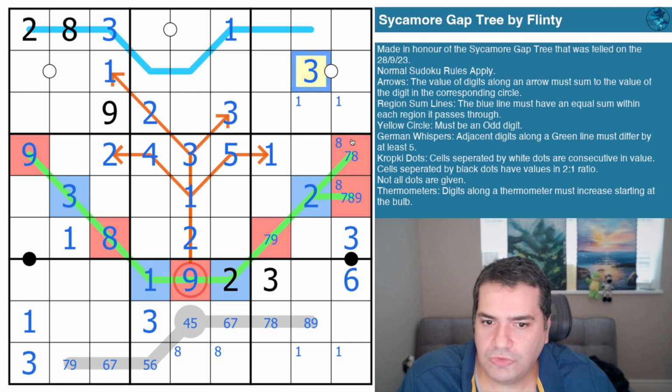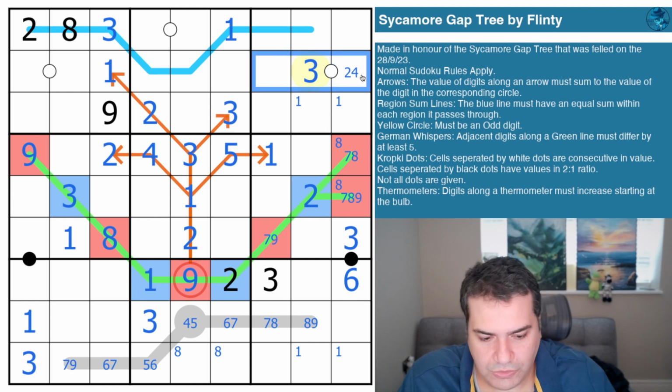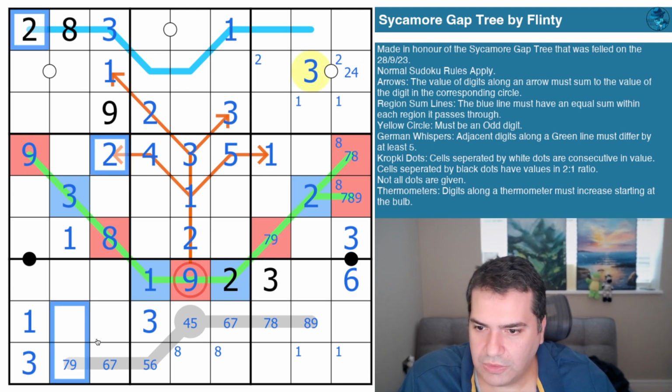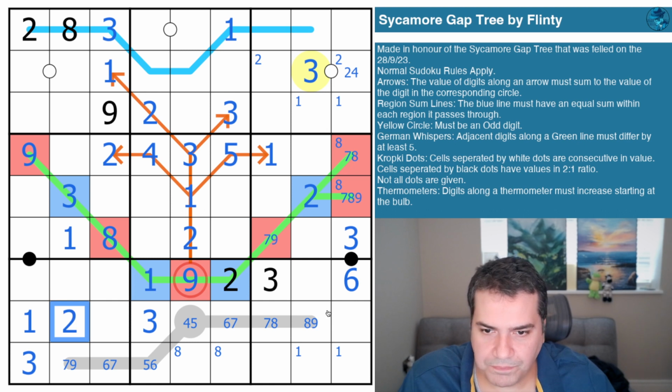3 can be next to a 2 or 4, which I'll pencil mark in here, which is unfortunate because I don't actually know where the 2 is in this box. 2s, it's down here, it's not there, that's a 2.